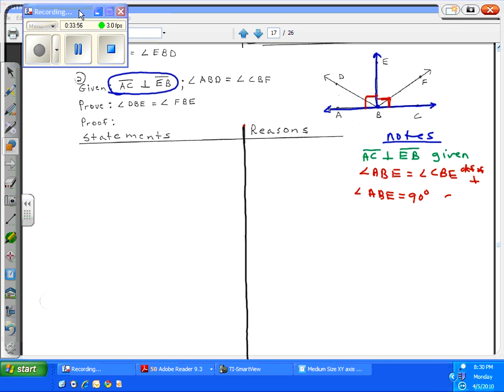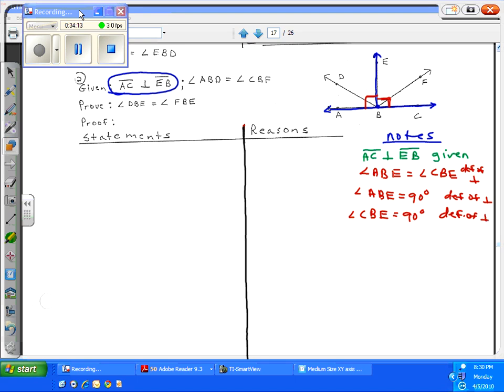We could also say that angle ABE is equal to 90 degrees with the same reason, definition of perpendicular.